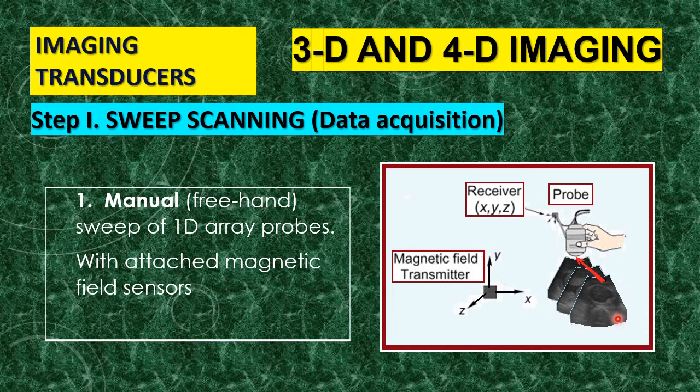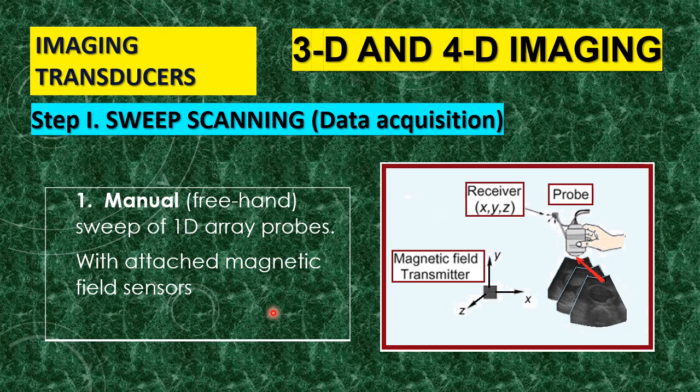There is a kind of GPS detector with the probe, and it tells the machine where the probe is, and the machine puts the frame according to this location. So the machine will take all of these images acquired through manual sweeping and build the 3D imaging. Okay, so this is the manual or freehand sweep of 1D array transducers.